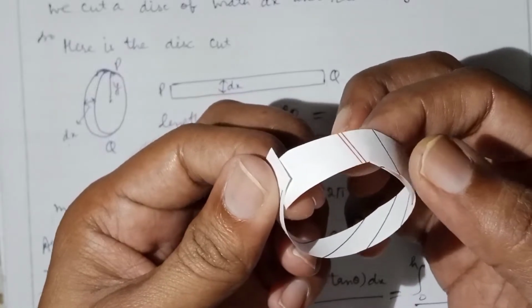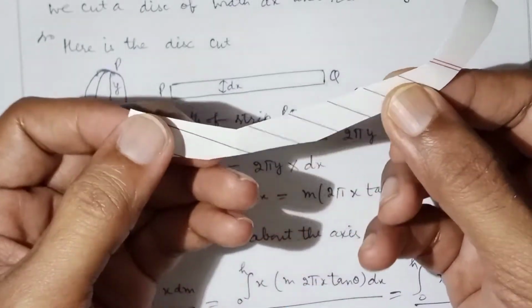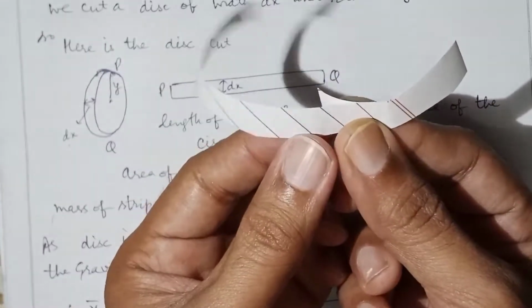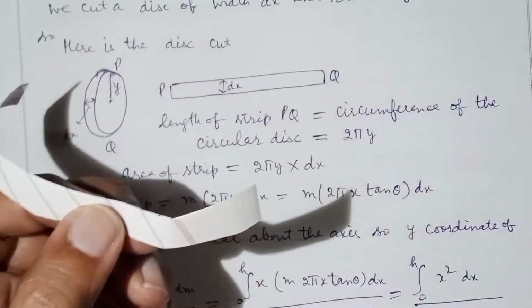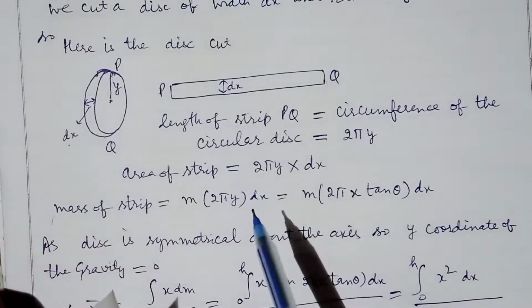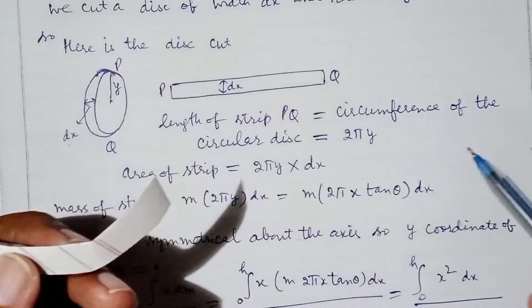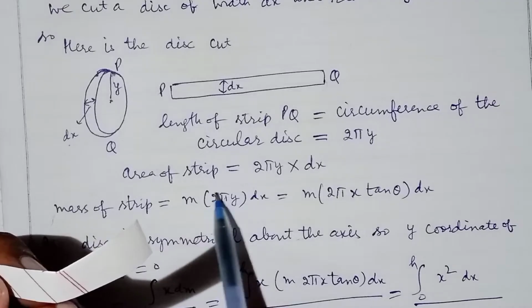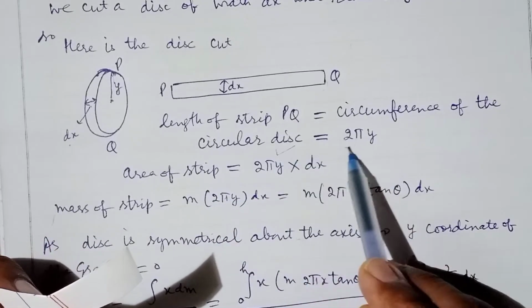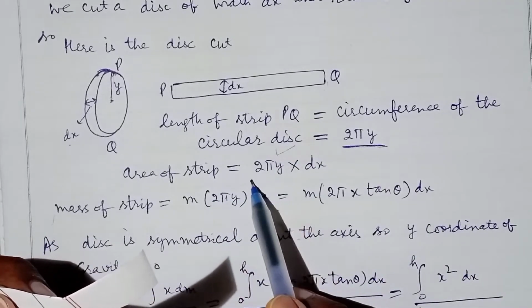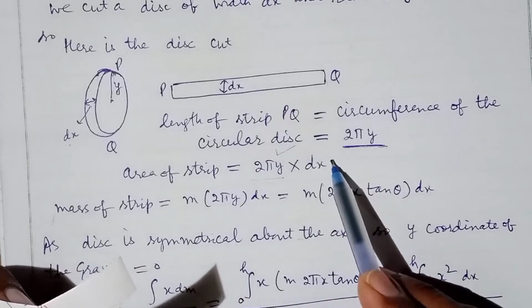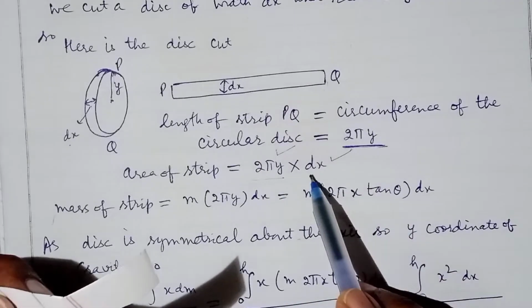Right. So what will be the surface area of the disc? It is 2 pi into radius. That is 2 pi and radius is y. Right. And area of the disc will be, this is the length of the strip. See here, length of the strip multiplied by breadth dx.